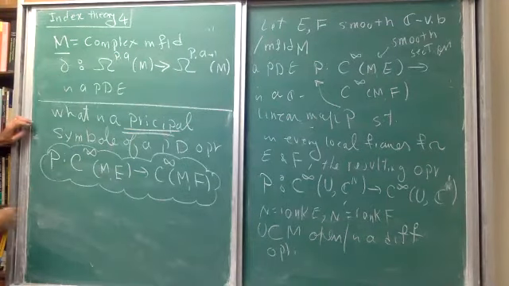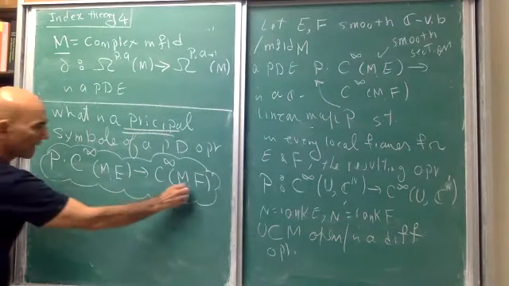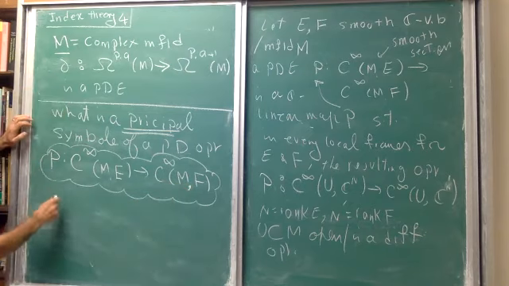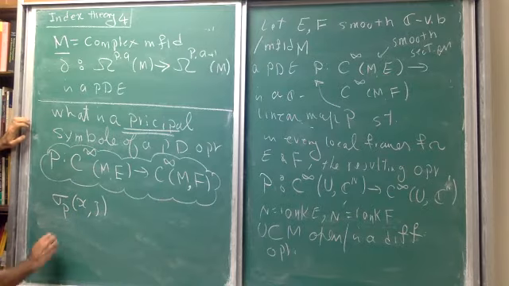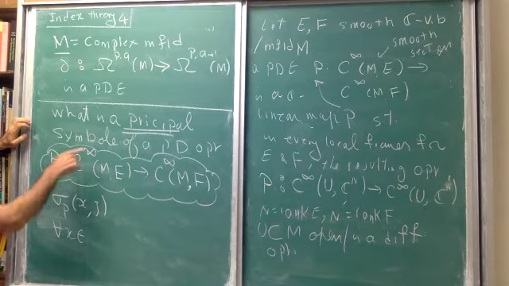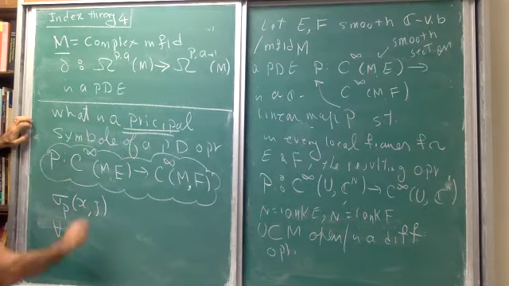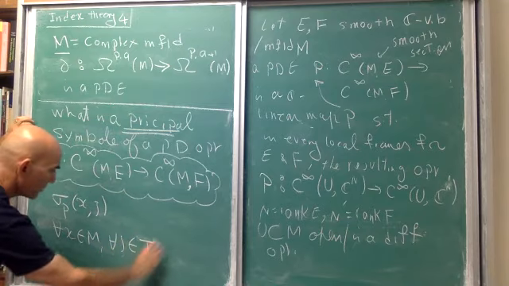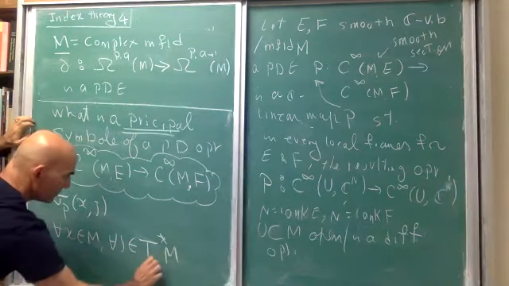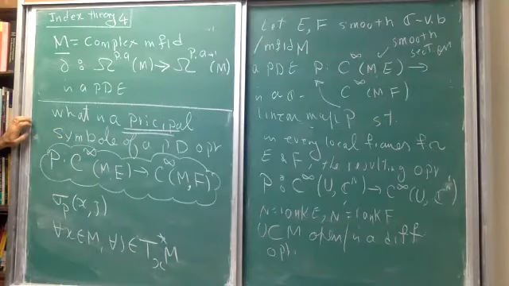So what you can do in this case, and people notice, is that the principal symbol sigma P is really defined for any x on your manifold M, and for any xi on the cotangent bundle at x.